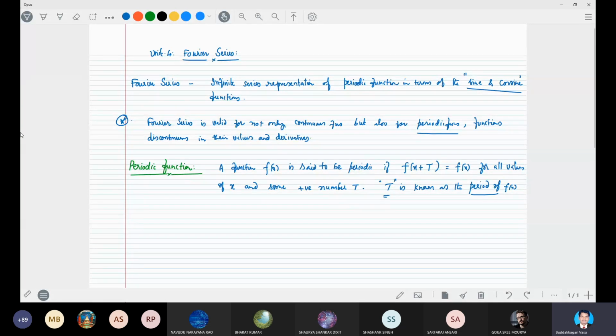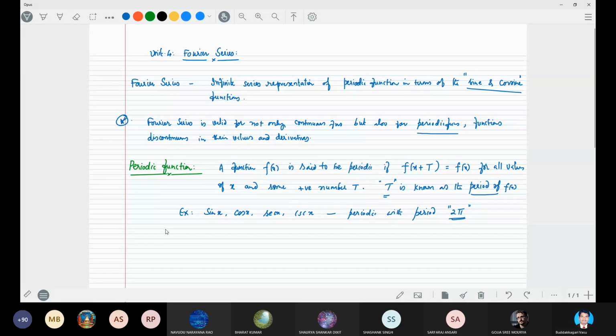Now we can see the example where sin x, cos x, secant x, cosecant x, these are all periodic functions with period 2 pi.